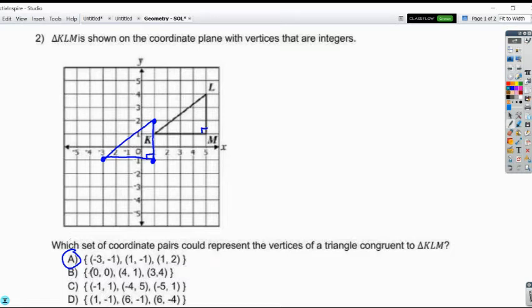right? That B gives you 0, 0, 4, 1, and 3, 4. And so using these measurements to create a triangle, I'm even going to look at this and talk about the slope of this line that's more on the bottom.